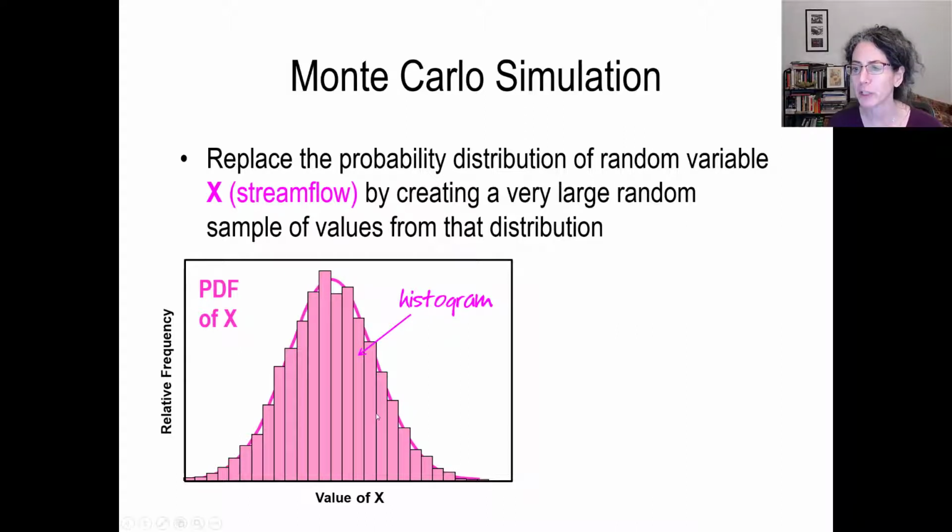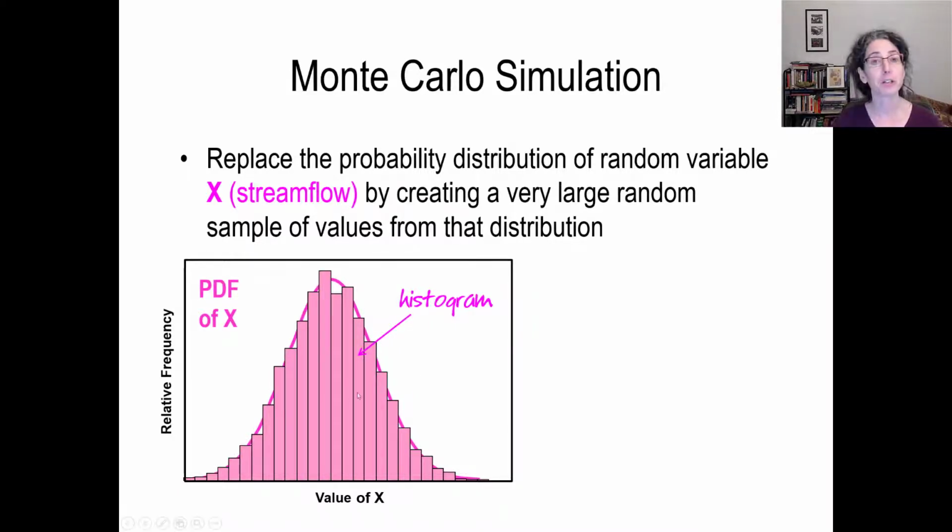In the last lecture, we looked at estimating a probability distribution from a random sample, and we said that as the sample got very large, the estimate of the probability distribution would get very good. But what we're doing here is the opposite. We're starting with a probability distribution, and we're randomly generating this large sample of values for the purpose of replacing the probability distribution. So we're going in the other direction.